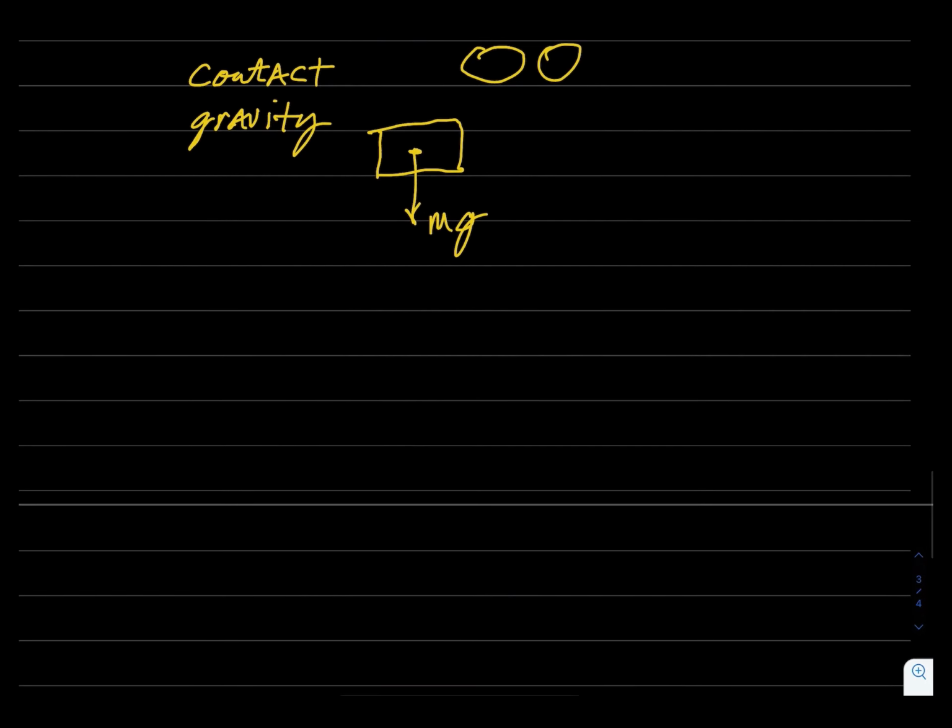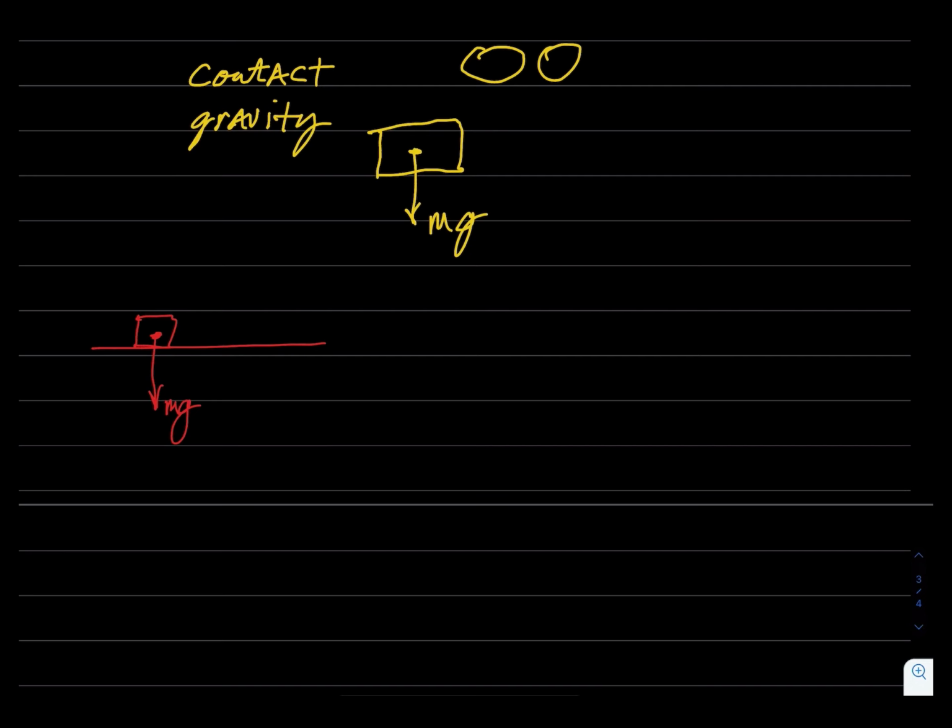But we have the block sitting here on the table, and gravity is pulling it down with the force of mg. What is the Newton's third law pair to that? What is the other object with the equal and opposite reaction? Well, what happens with gravity?